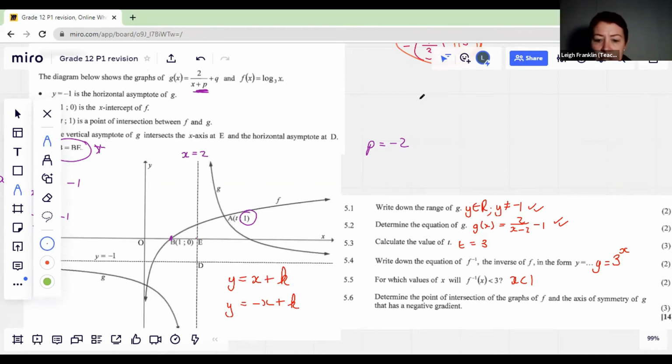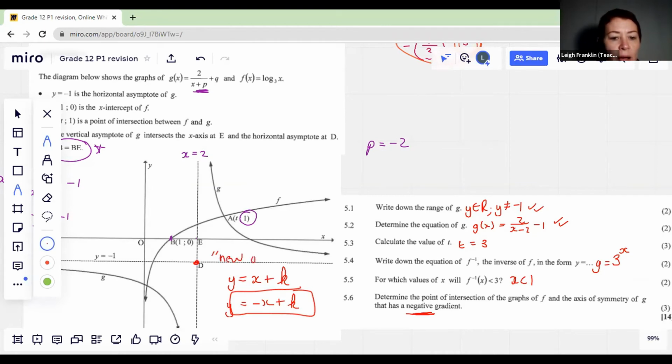So they have asked us for the line with a negative gradient, so this is what we want to do. Your line, whether it has a positive or a negative gradient, will always go through what I like to refer to as the new origin.